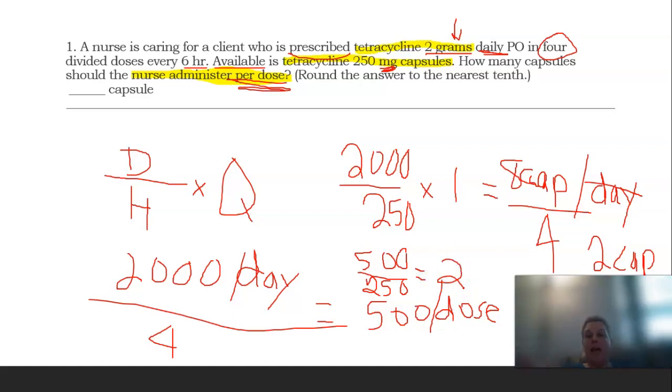So I look at my hand and I say, oh, there's 250 and 250 equals 500.